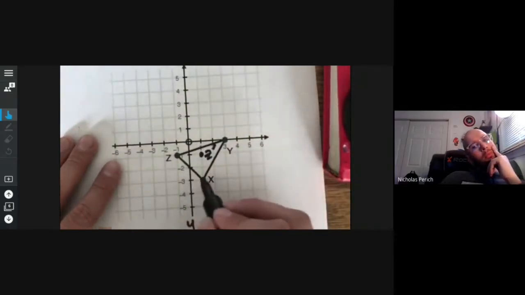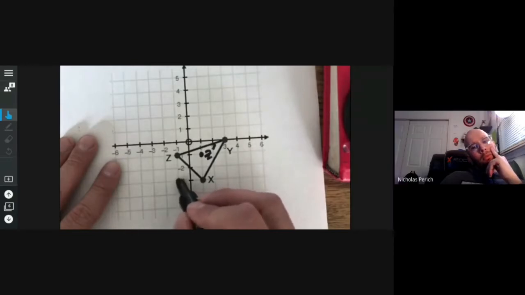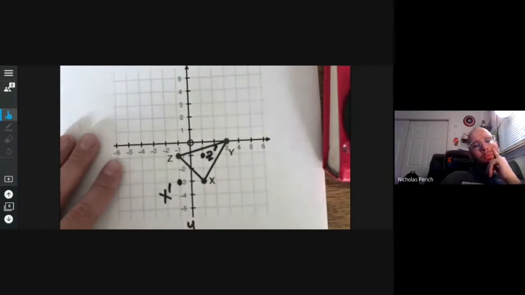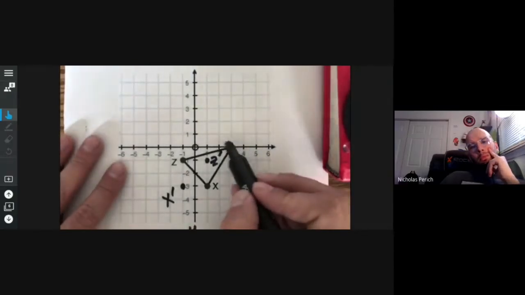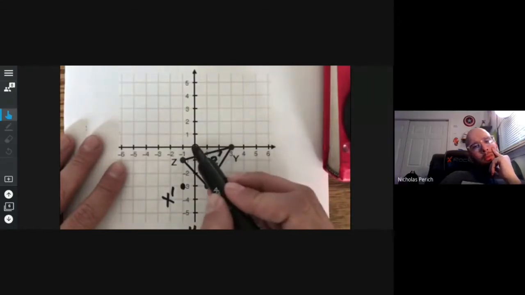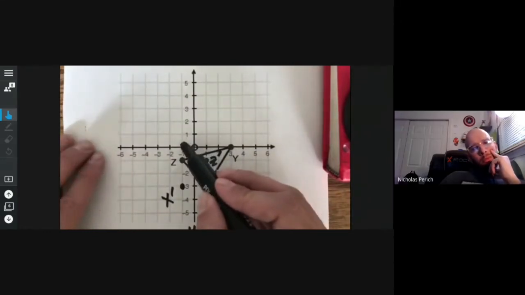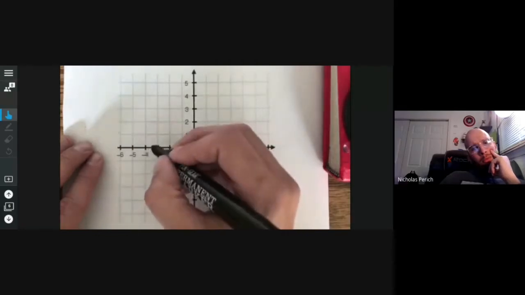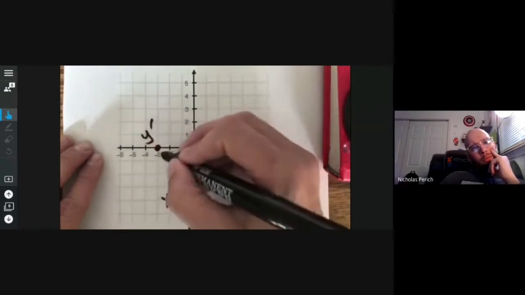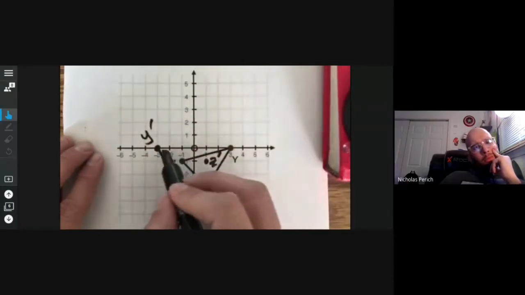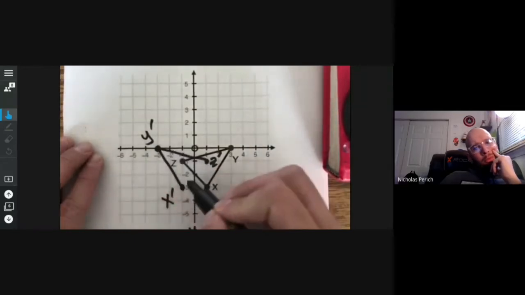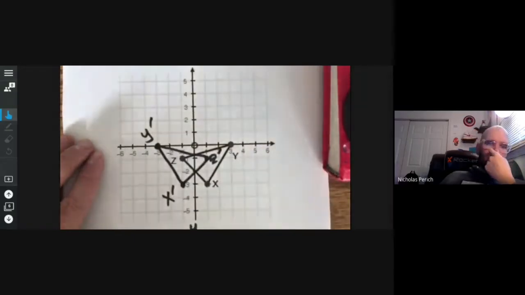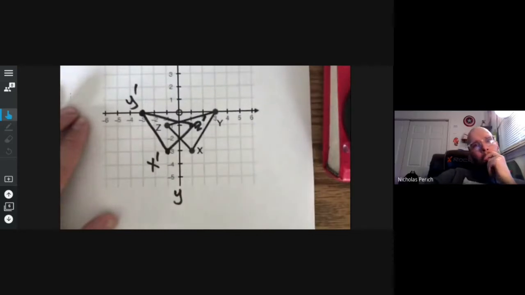X is 1 unit away from the y-axis, so X prime is the same thing on the opposite side. Y is 1, 2, 3 units away from the y-axis, so Y prime is going to be 1, 2, 3 units away from the y-axis. And what you get is a mirror image on top of itself, since the mirror was in the middle of everything. Done.